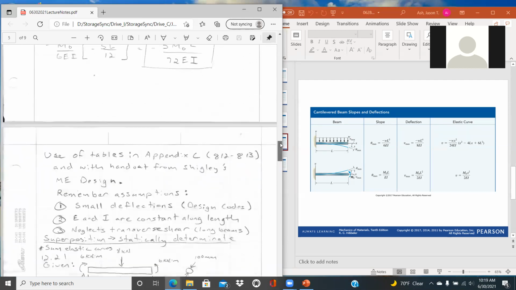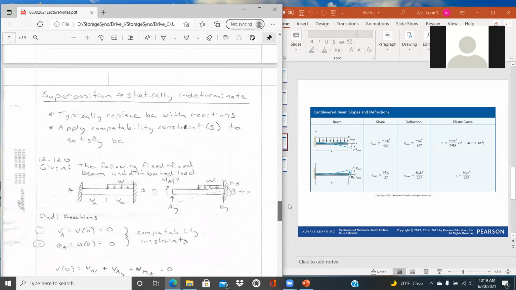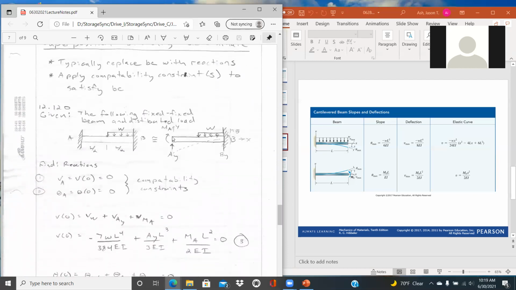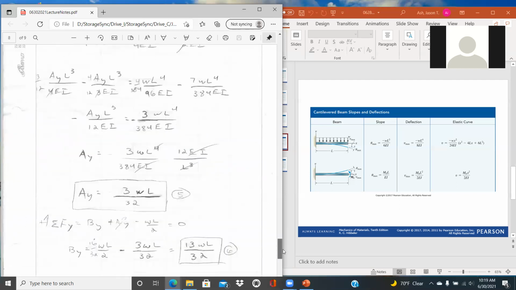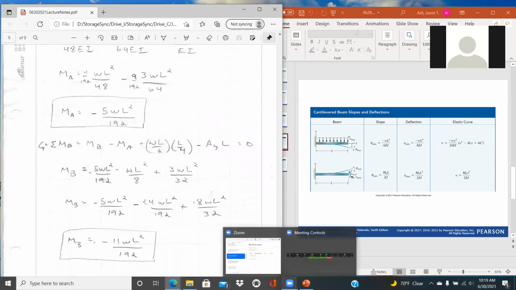And then summing moments about this, we'd have AY times an L in a clockwise direction. And so again, we're just making use of that free body diagram there on the top.